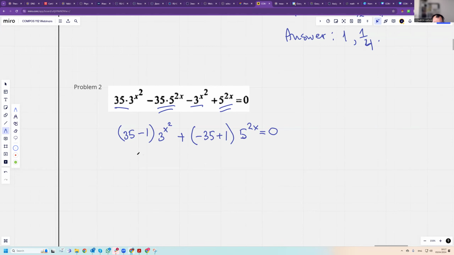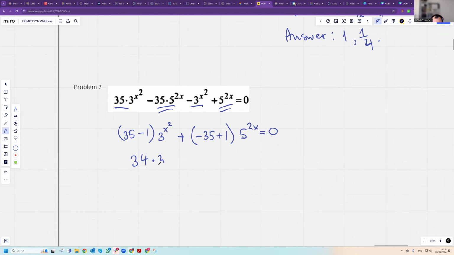So what can we do here? Well, this is 36. 36 multiplied by 3x squared plus or minus what? 36, no, sorry, 34, of course.